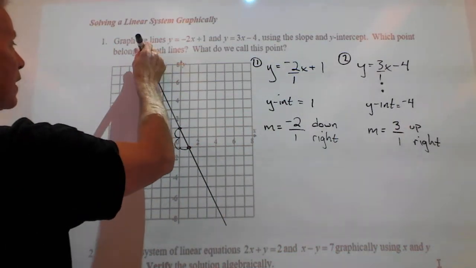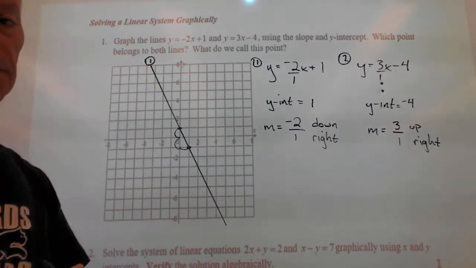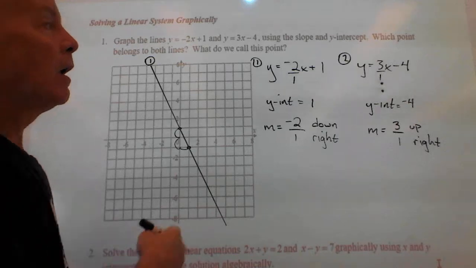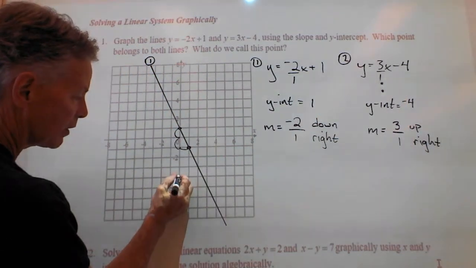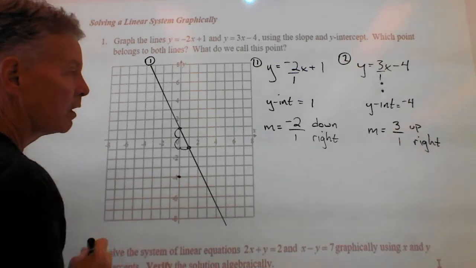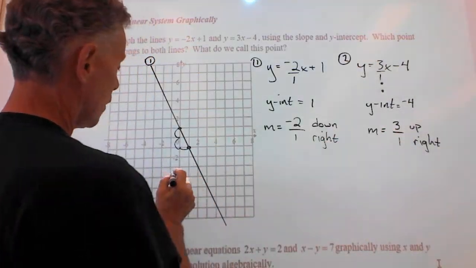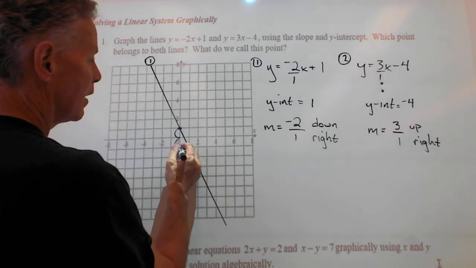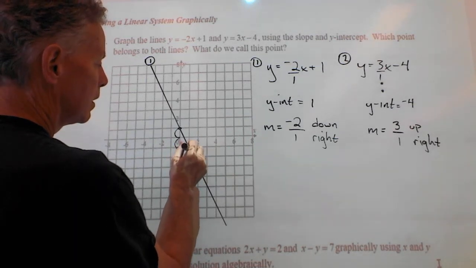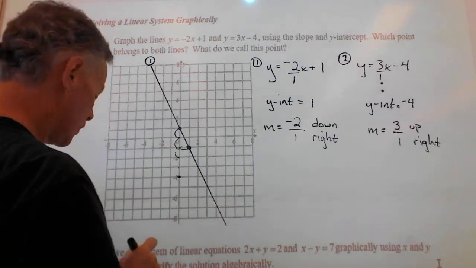And we'll say this is our line 1. Okay? For line 2, we do the same thing. Our y-intercept this time is down here at -4. Our slope tells us to go up 3, 1, 2, 3, and right 1. Hey, same point.